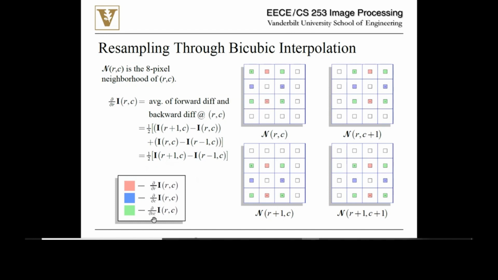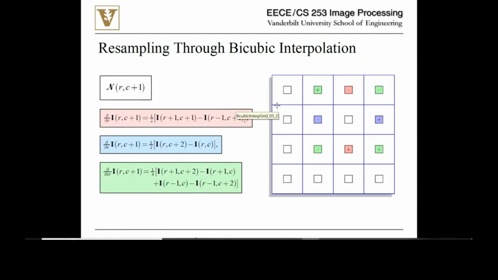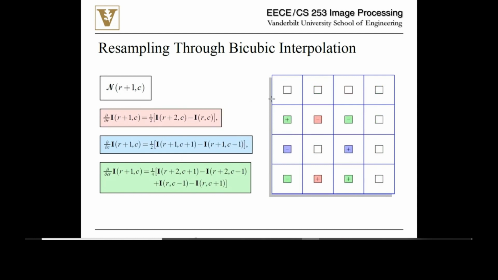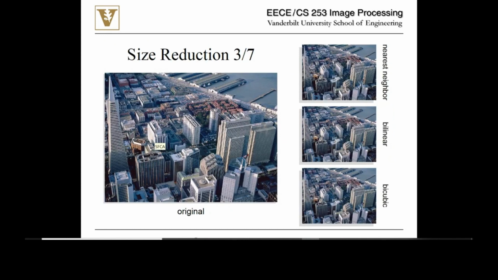And if you want to estimate this derivative in the diagonal direction, you need these 2 points. We will not get into how the interpolation is constructed, but at the end, it has some cubic polynomials involved, and we can see the results. We will not get into the mathematical details, but the procedure is the same.